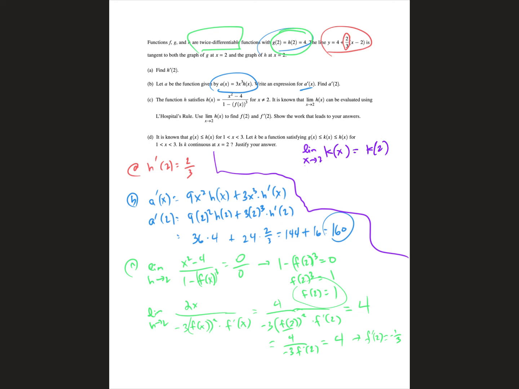Now, obviously this is a squeeze theorem question. If I were to take the limit as x approaches 2 of g of x, we're told that it's twice differentiable, and we're told that it's therefore continuous, and it equals 4.